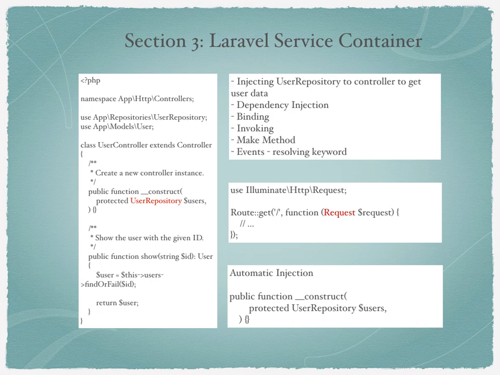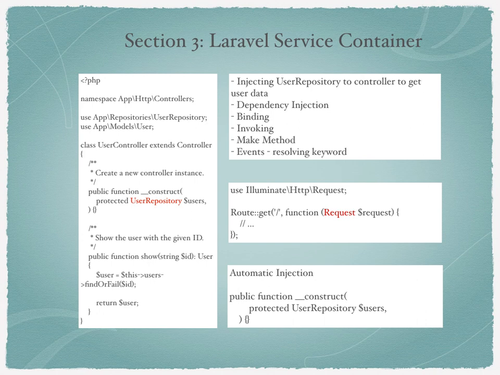Dependency injection is one form where something is dependent on something else. If I require data from the user repository, the user repository also depends on the user data from the user model. So it's called a dependency.